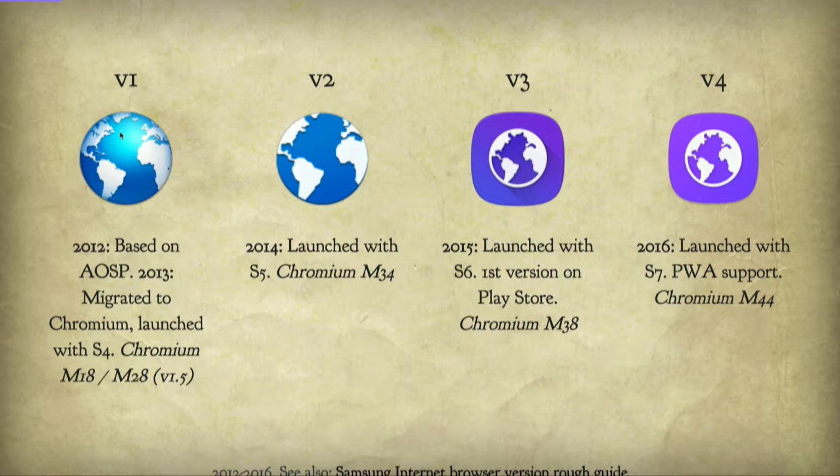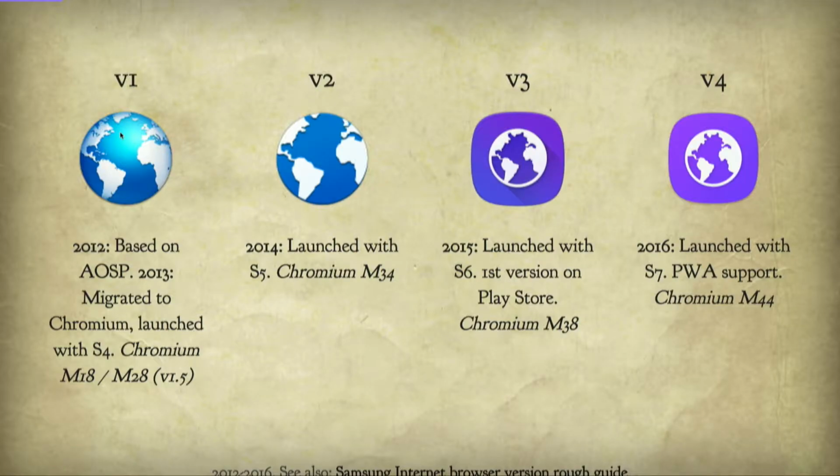Then in 2014, the next major version launched with the Galaxy S5 phone, with the Chromium upgrade again. In version 3, this is when things started to get very interesting, because we had our first version that launched on the Play Store. So it became an evergreen browser at that point, and you could get updates via the App Store, as well as previously just with firmware updates. And this launched on the Galaxy S6.